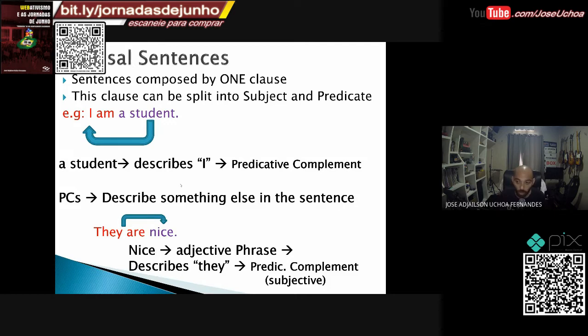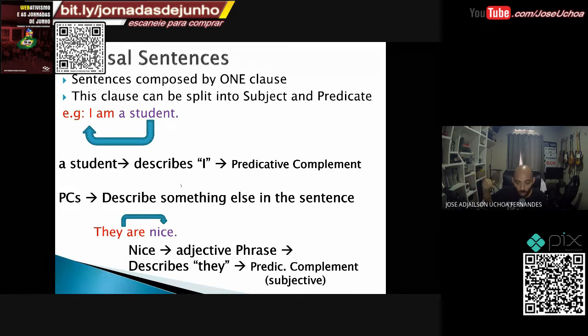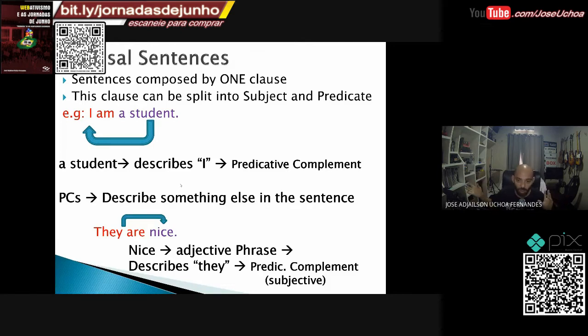Like, "she is so intelligent." So intelligent is an adjective that refers back to she, okay? It's her property, and she and intelligent is the same entity. So intelligent is a predicative complement.